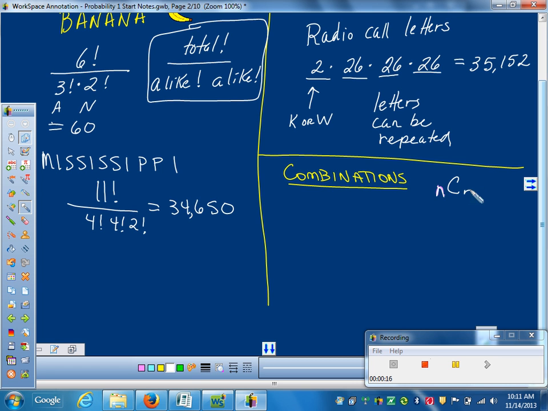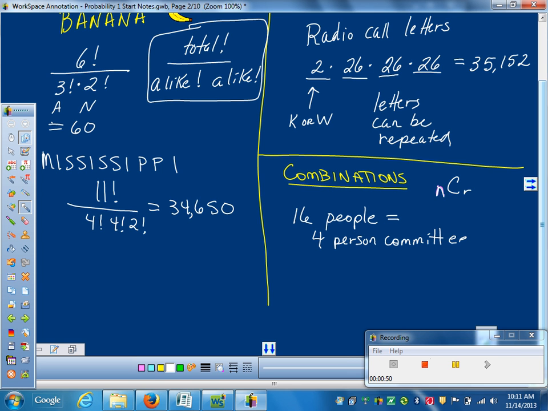So if I said to you, how many are in this room at the moment? 16 of you. 16 people. I'm going to pull a 4-person committee. I want to know, how many different 4-person committees can I make?